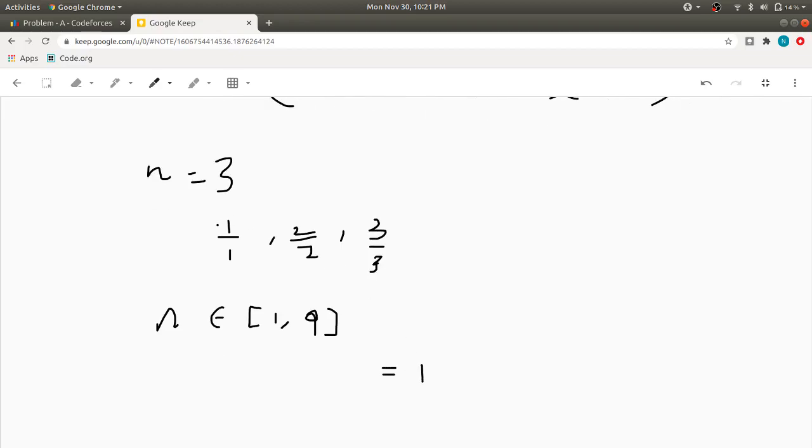Why? Because 1 by 1 equals 1, 2 by 2 equals 1, 3 by 3 equals 1, and likewise 9 by 9 is also equal to 1. But 10 by 1 is not equal to 1.